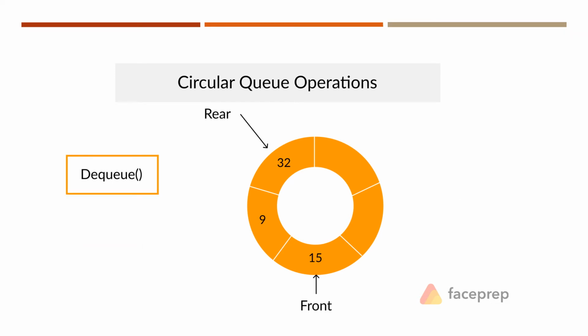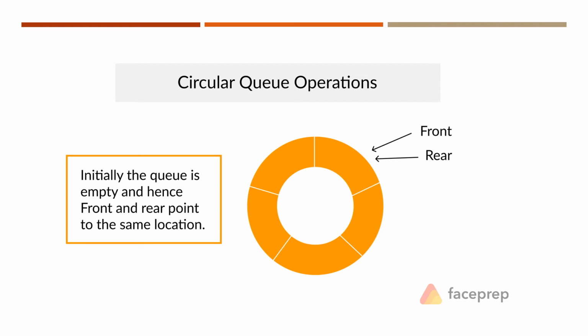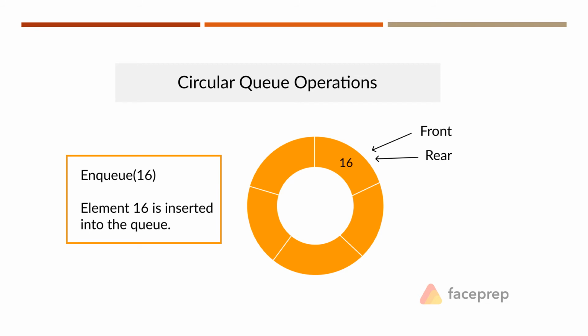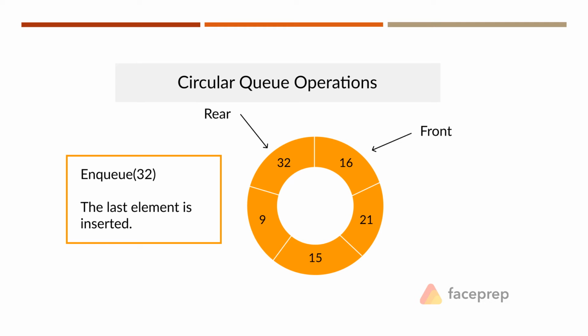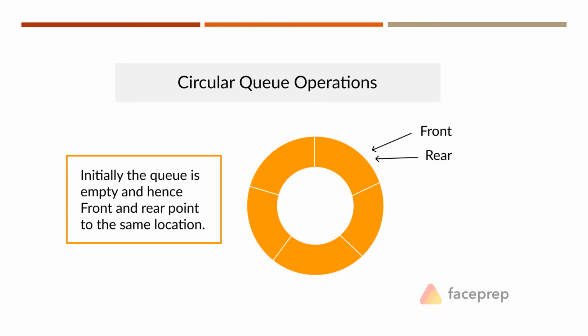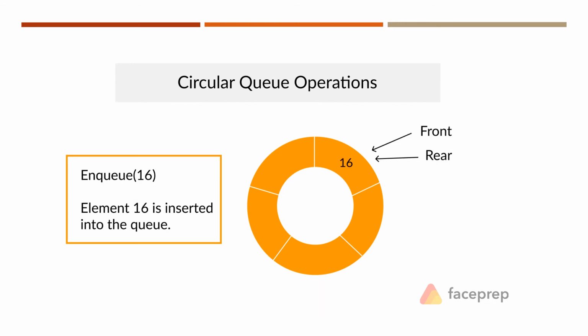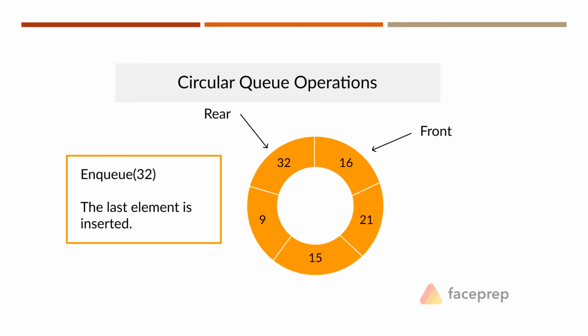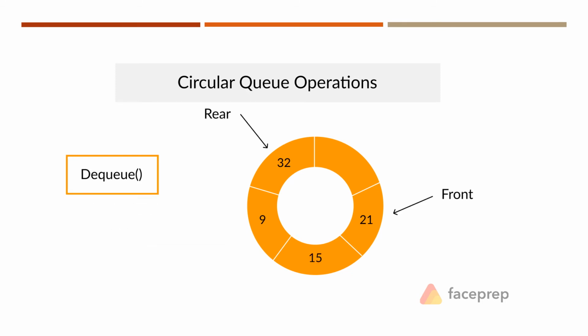Before dequeuing, we check if the queue is already empty. When enqueuing the first element, we set the value of front to 0. When dequeuing the last element, we reset the values of front and rear to -1. The time complexity of NQ and DQ operations of circular queue is O(1) for array implementation.